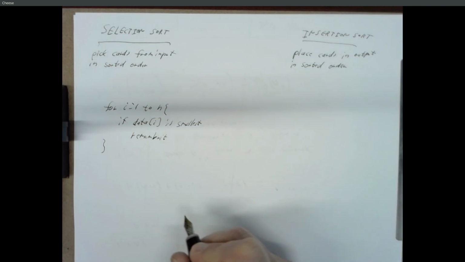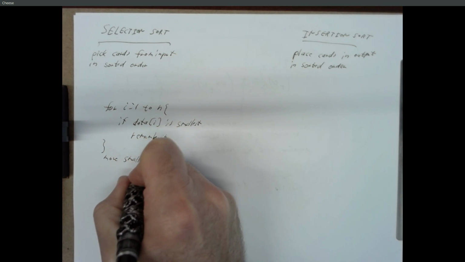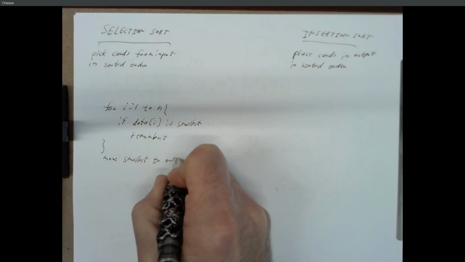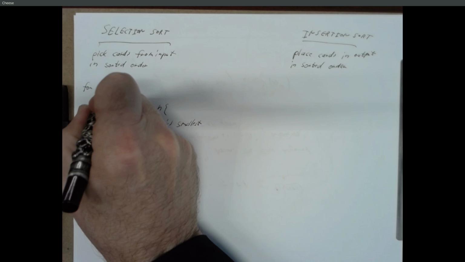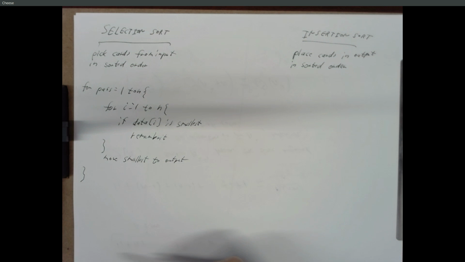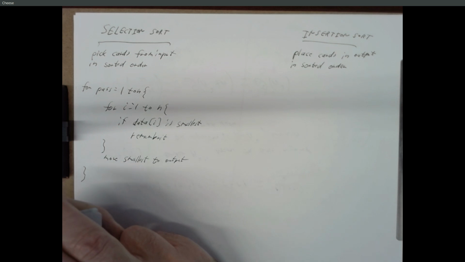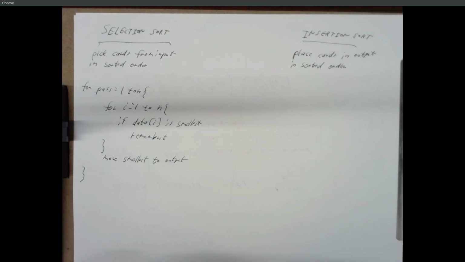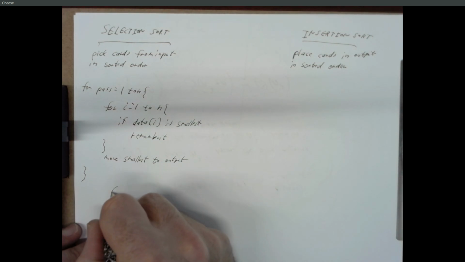So go through all your cards, remember the smallest one, and then move the smallest to the output. And this whole thing gets done for n passes. So for pass equals 1 to n, do this inner loop where we pick the smallest thing, remember which one it is, and then when we're done, copy it to the output. So inner loop n times, outer loop n times, this is order n squared.